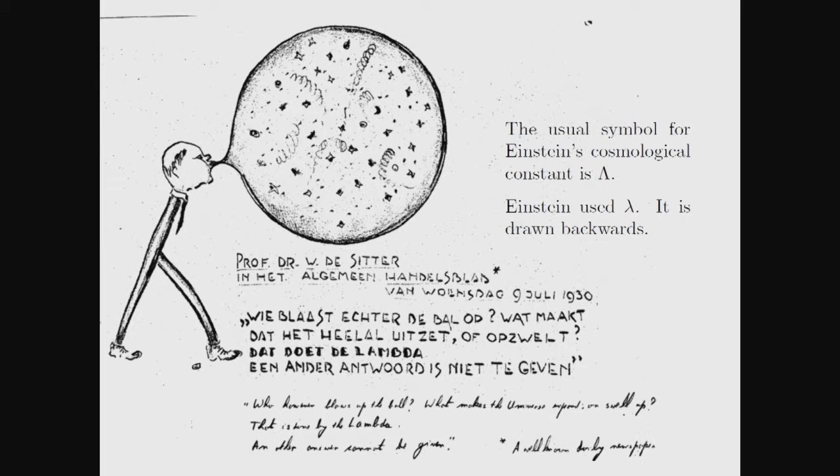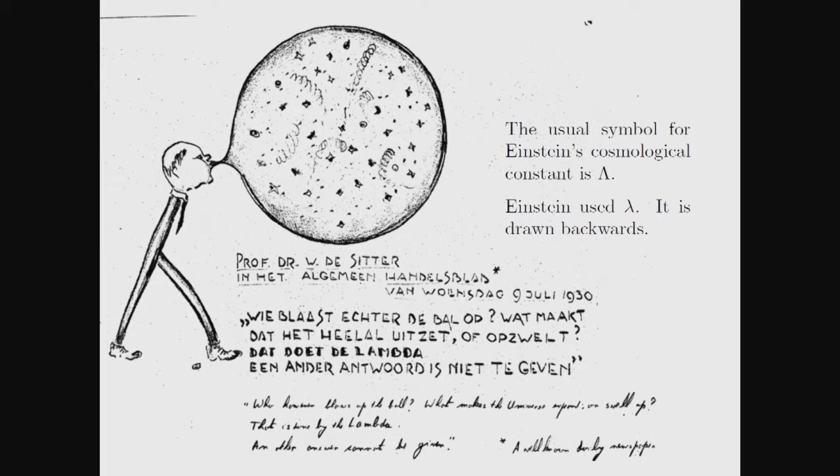Nowadays, we use an uppercase lambda. I don't know why. On the lower left, you see that Professor Dr. Willem de Sitter's body has been replaced by a lambda, except the artist got it wrong. It's pointing backwards.